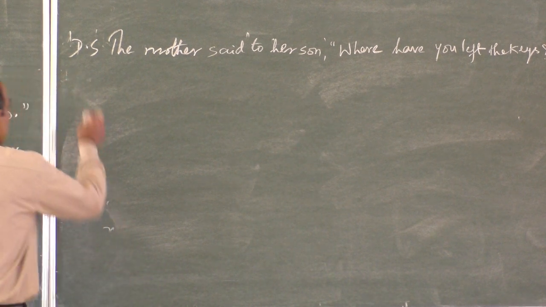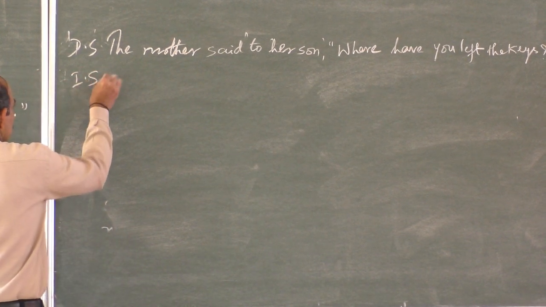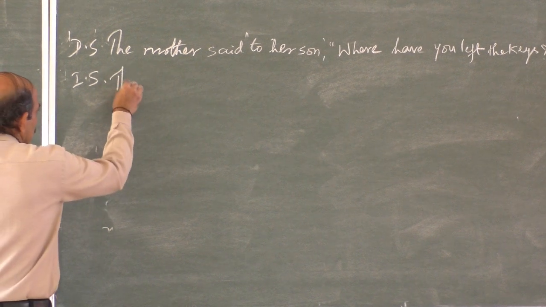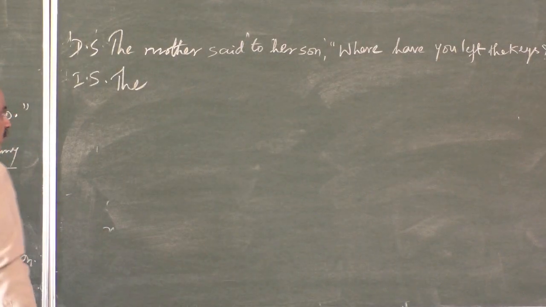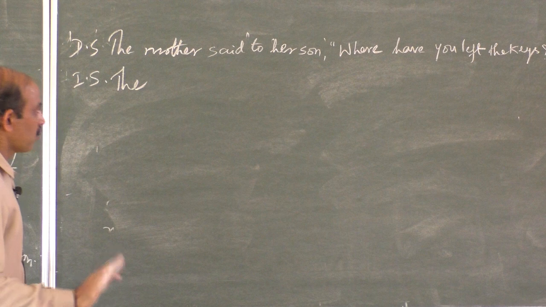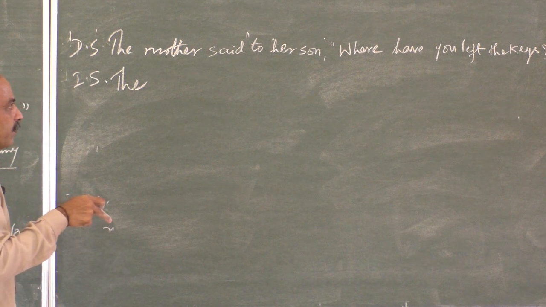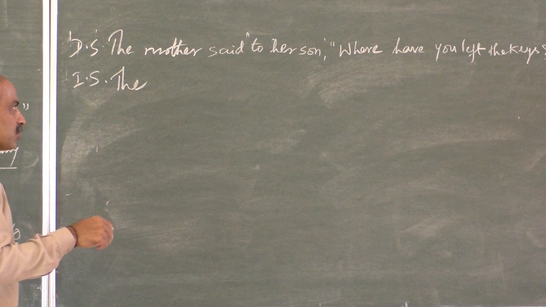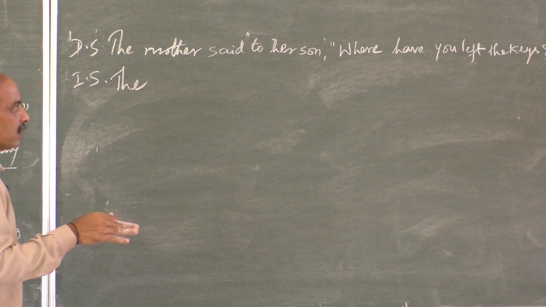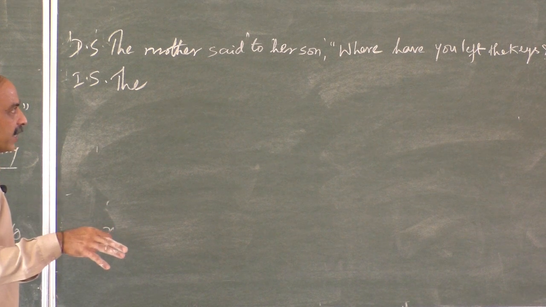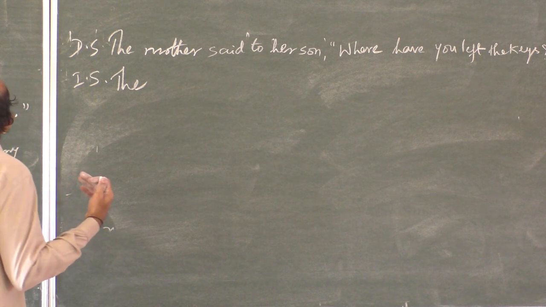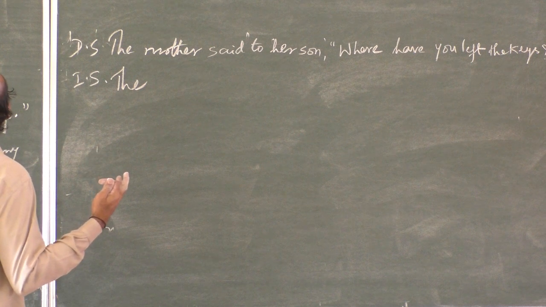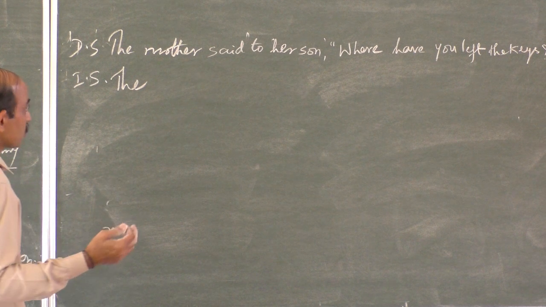Now change the same into indirect speech. The mother. Now look once again, that "mother said to her son" you cannot write because it is a question, and when you write the question you don't require either "said" or any other words.